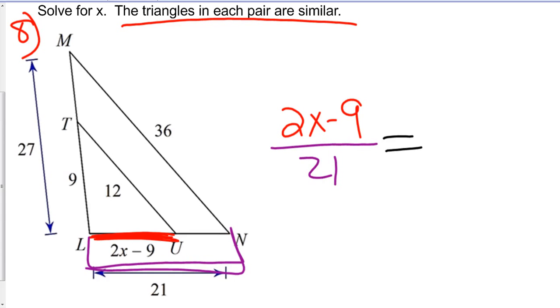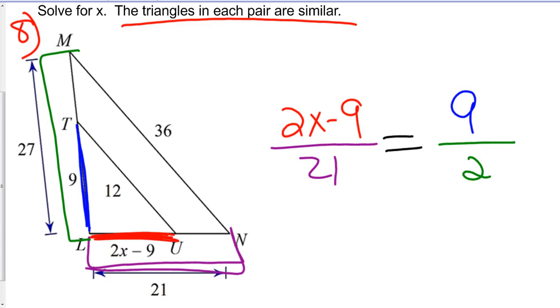Because the triangles are similar, the 2x minus 9 over 21, LU over LN, has to equal LT, so 9 over M, which is 27. Just make sure that you're grabbing the right numbers when you do that.